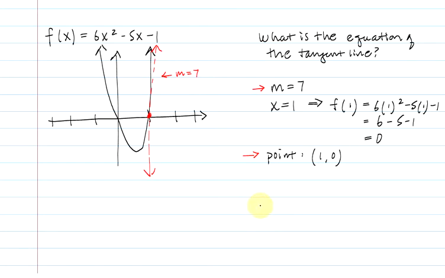We can start with the point slope form of an equation, which might take some conjuring from your memory, but it is y minus y1 equals m times x minus x1. So this is what we call point slope form of a linear equation.